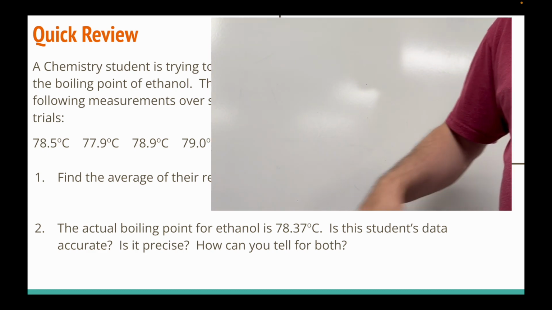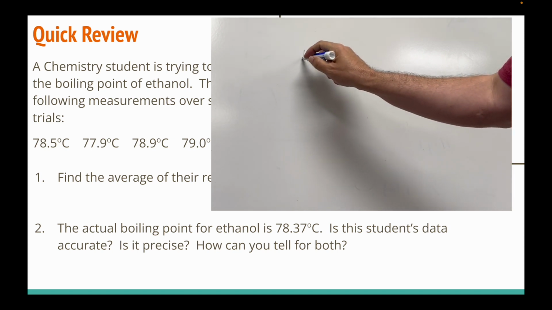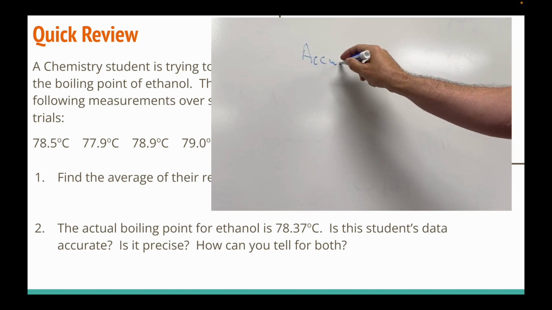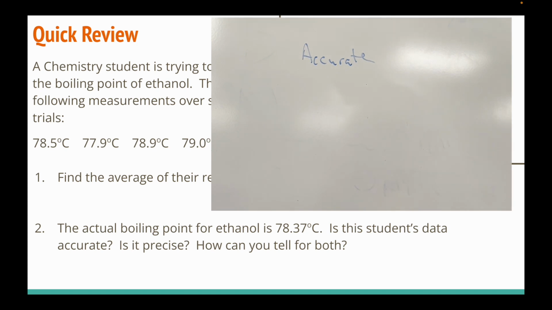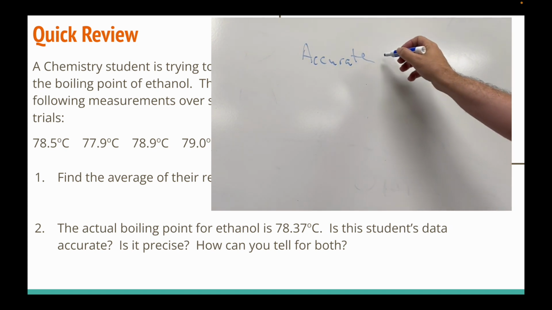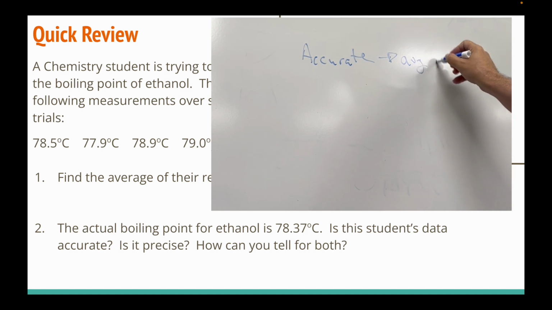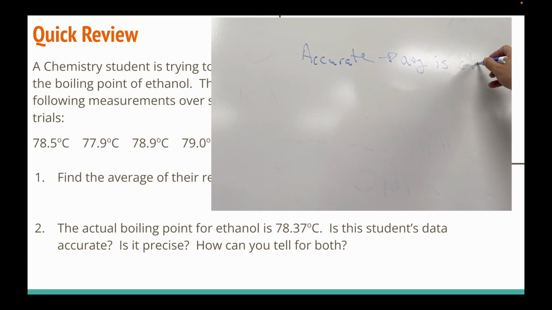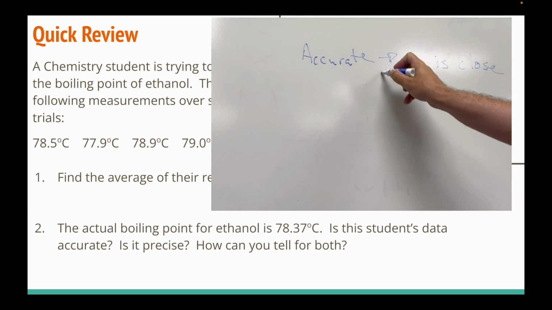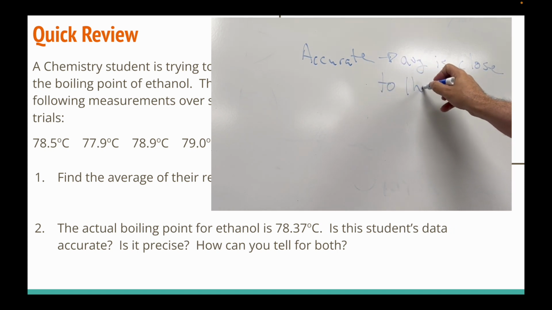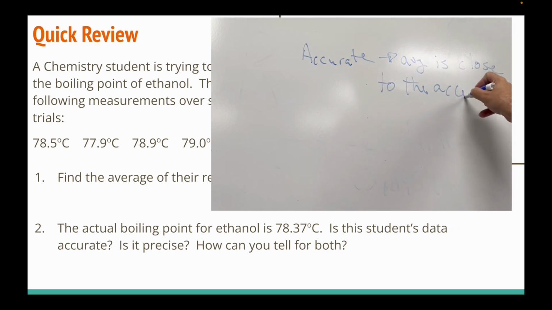And so just remember, accurate, we've defined as the average is close to the actual, or the average is close to the accepted value. So is our average from number one close to 78.37?